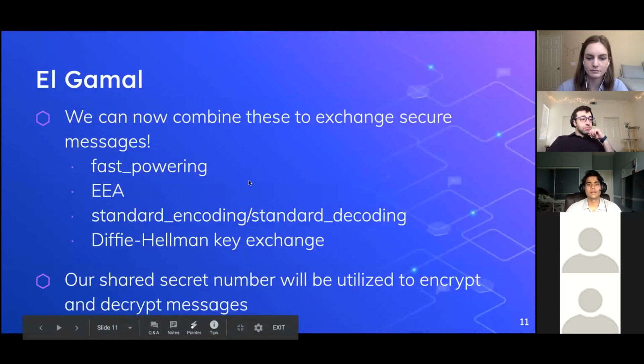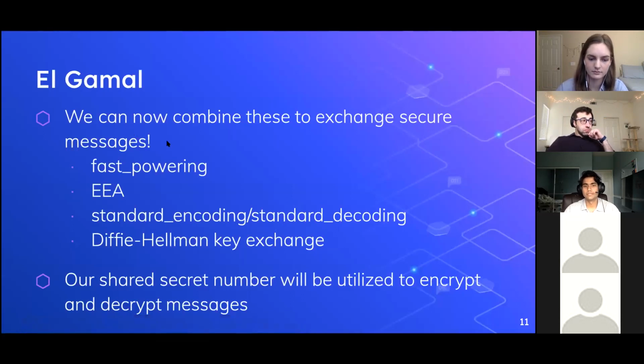So building off that secret number, now we can combine everything we talked about to securely exchange messages. So fast powering again, like Maddie said, to create the public keys. EEA will come in handy when we want to take that secret number and find the inverse of it. And then of course, standard encoding and decoding help us manipulate integers that represent strings.